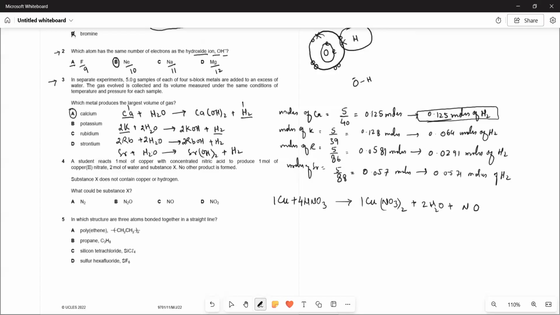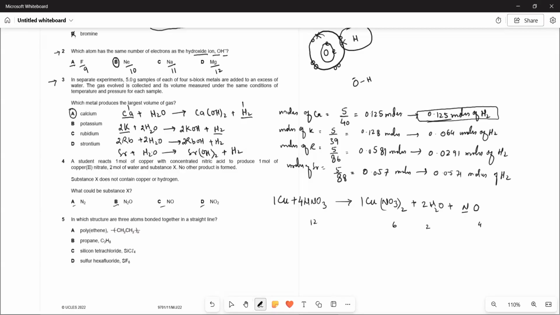So here we need 2 nitrogens. So we can have either of these options because of the nitrogen atoms. But let's look at the oxygen atoms. How many oxygens are there? 12 here, 4 3s are 12. How many oxygens are there? 3 2s are 6 here, and we have 2 here. So it means there are oxygen atoms remaining in this compound X. How many? 4, right?